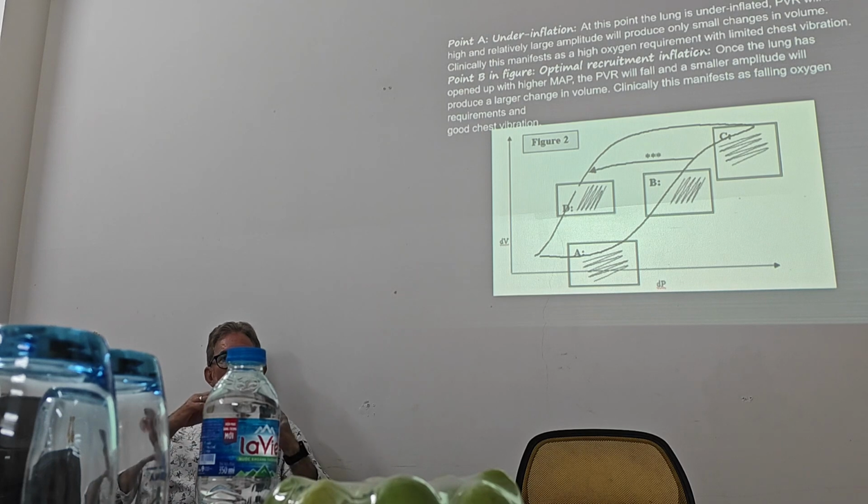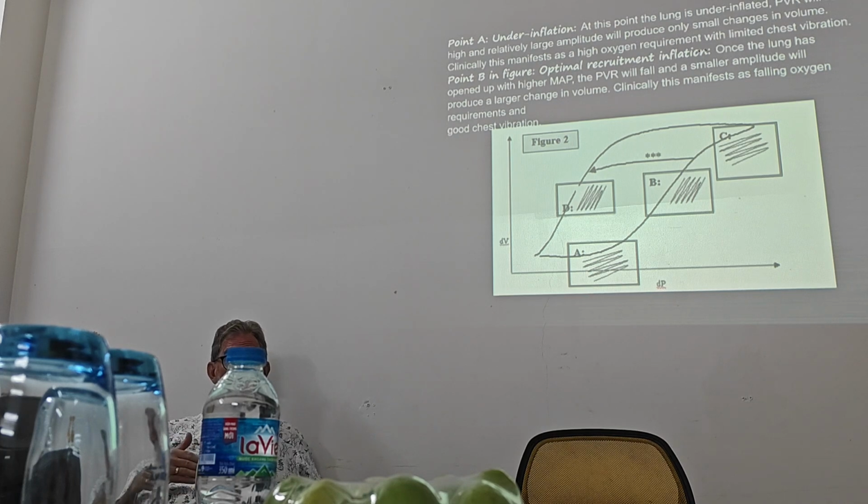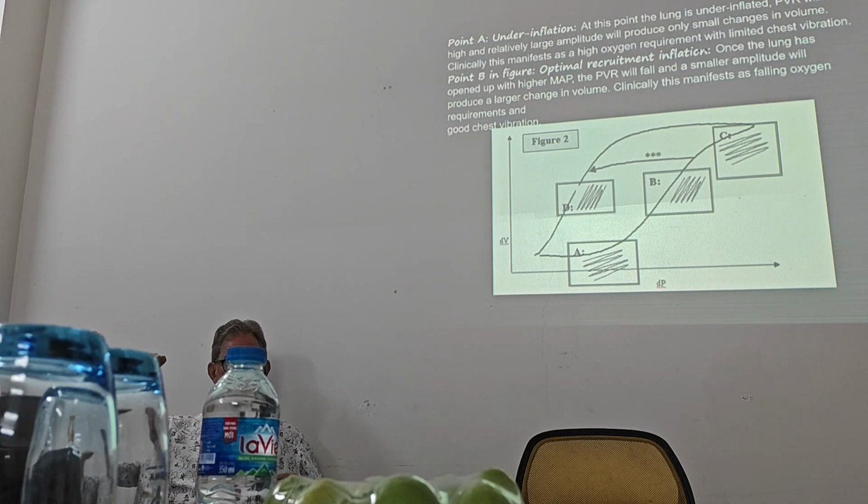At that point, what you know is you actually expanded the lung really well, but you're often on very high pressures. So I've taken a little baby on maybe a mean airway pressure of 12, and by the time I get to that point, the baby's on a mean airway pressure of 24 on the oscillator.